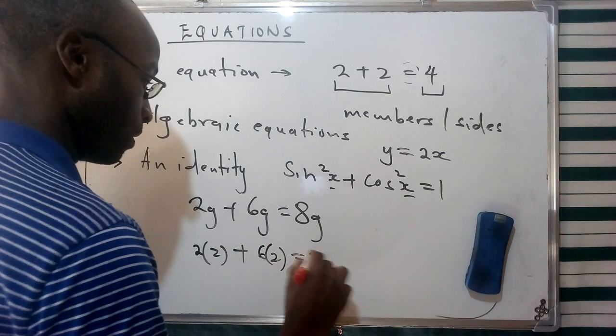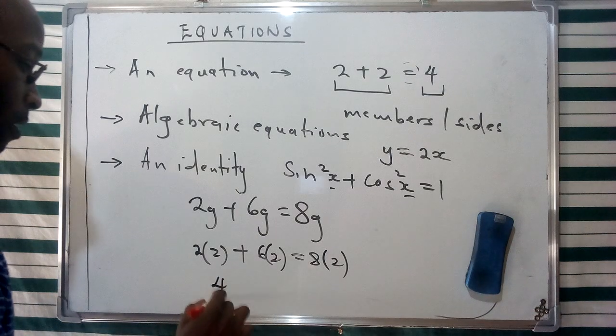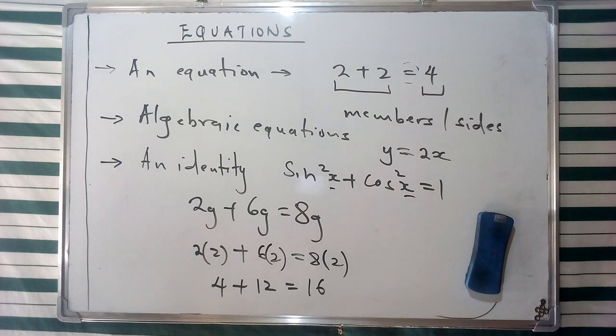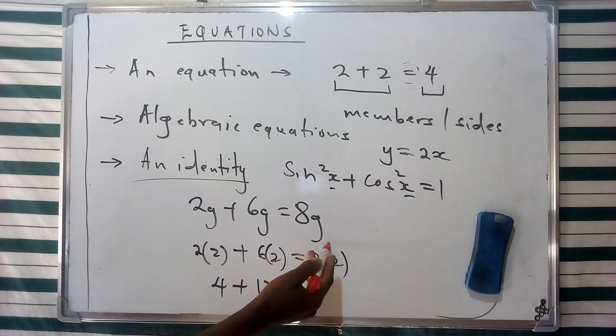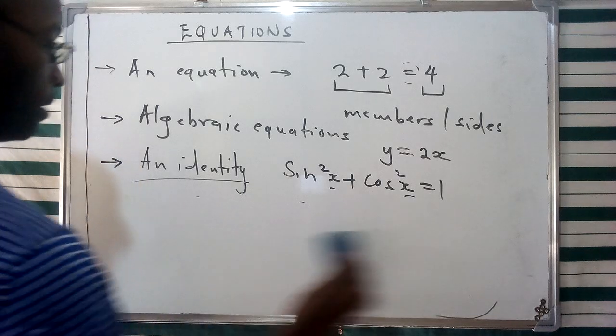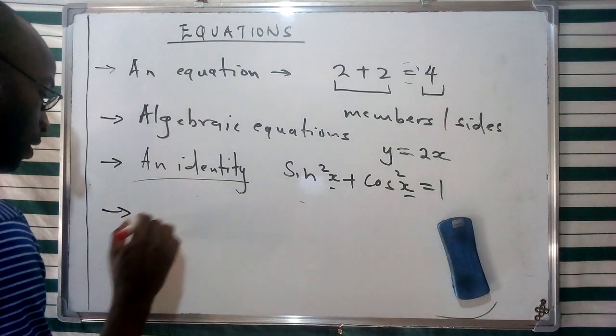This is going to be 8 into 2, given as such. So this is going to be 4 plus 12, which is equivalent to 16. Therefore, an identity refers to an equation which is true for all the values of the unknown letter g that are given in this specific case. Now, apart from this identity, we're going to have another one that is referred to as a conditional equation.